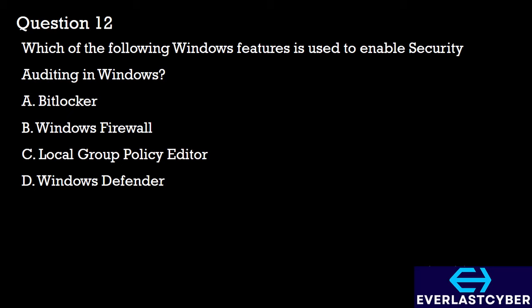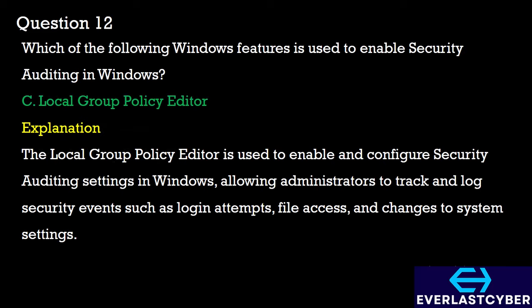Windows Defender is just an antivirus tool that prevents malware from attacking the system, and it also protects the system against malware. However, it does not manage or enable security auditing. So for this, we'll be going with option C, the Local Group Policy Editor.